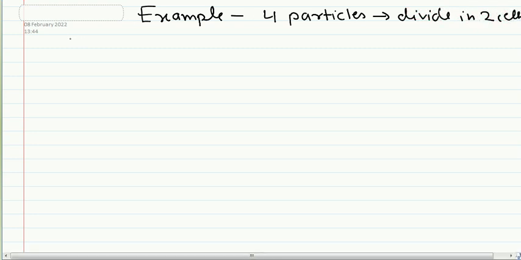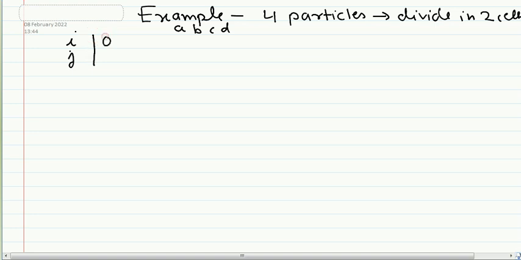So suppose one cell is I, another cell is J, and these particles are, let us say, A, B, C, D. In the first step we have to divide them in 2 cells.